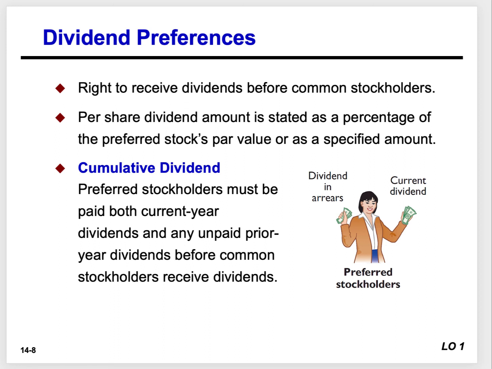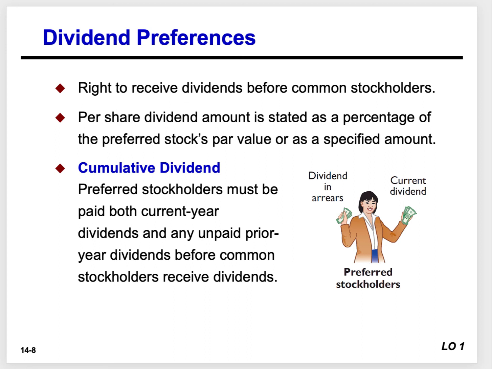We already saw this example: 2,000 shares at a stated rate of 8% with a par value of $100. We know what cumulative dividends are. We know cumulative dividends are for those preferred shareholders that did not receive previous dividends that they should have, because it's stated in the preferred shares, 8%, 6%, whatever.